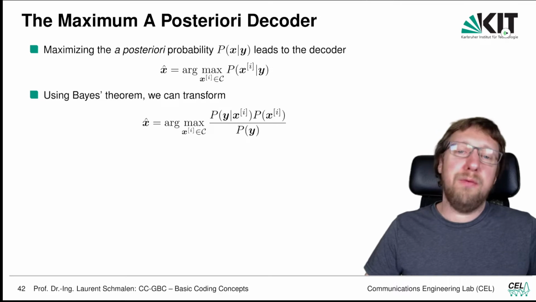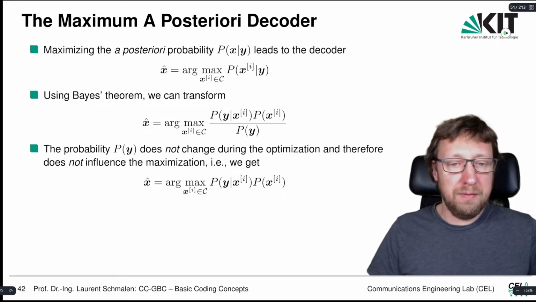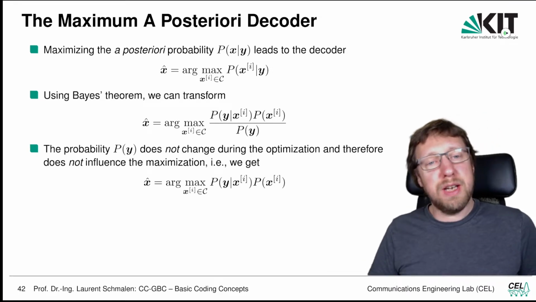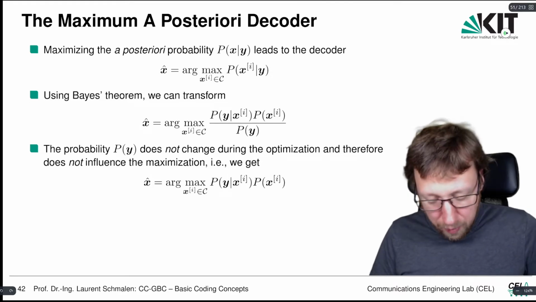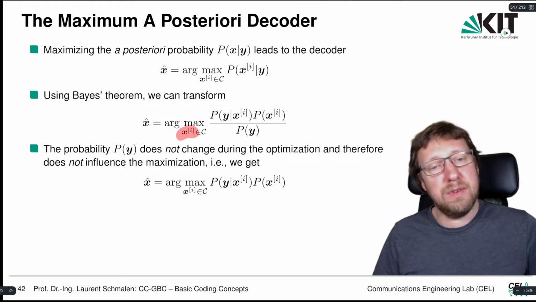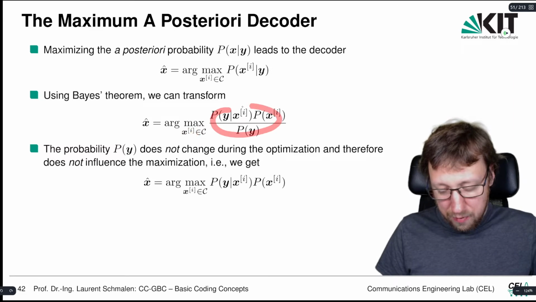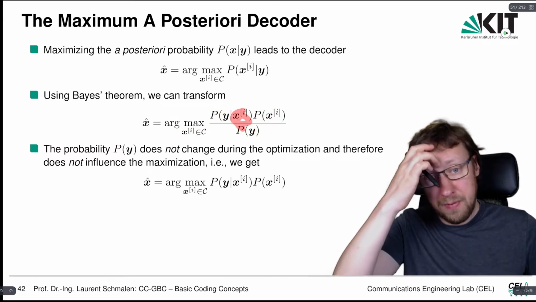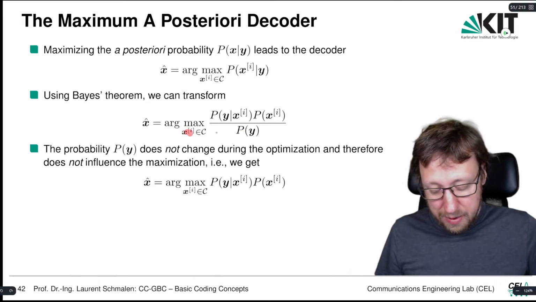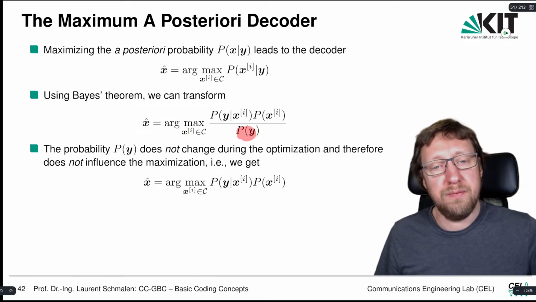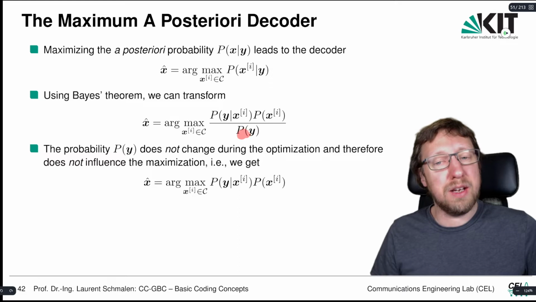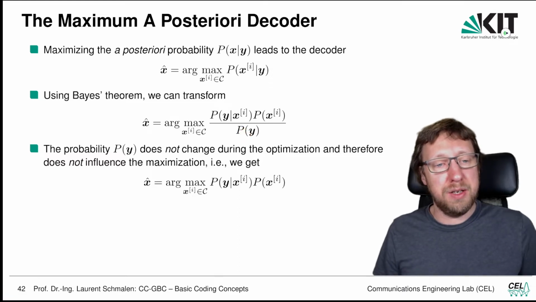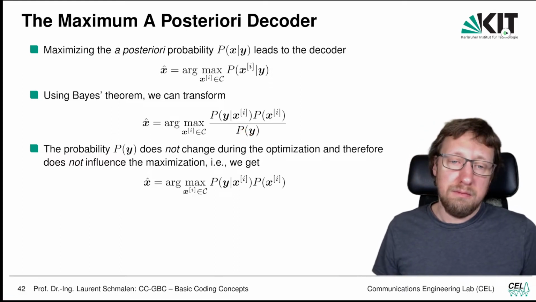So now we can further simplify. One observation that we can make is that whenever we change X, so we want to compute this expression for every possible X, P of Y doesn't change. So P of Y is a constant during the optimization, and it can be anything.